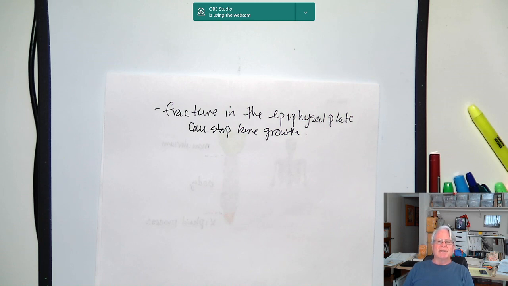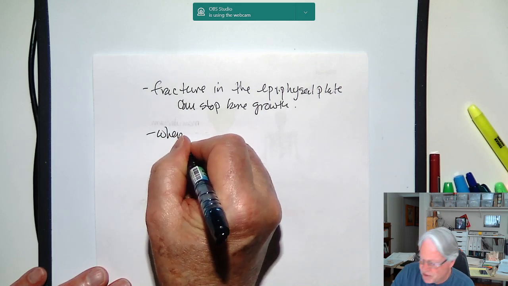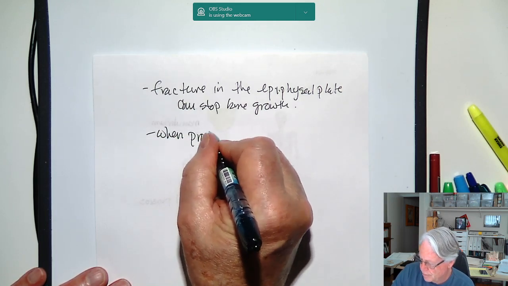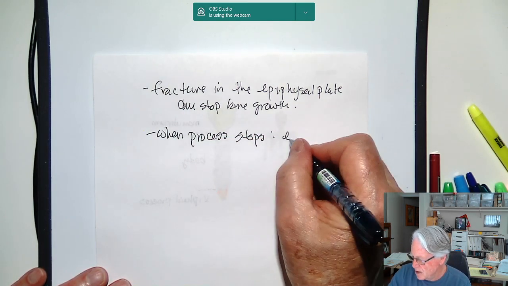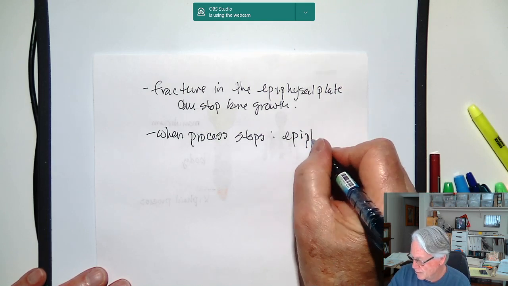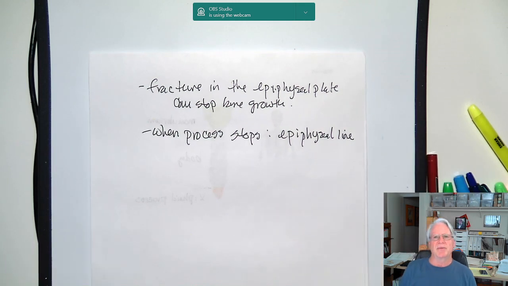And you can literally end up with one limb, a leg, an arm, which is shorter than the other. So it's very important that you pay attention to this, particularly if you're raising kids, because you can end up with a child that has a leg that's shorter on one side than on the other side. When the process finally stops naturally, then what we're going to get is the epiphyseal line, which is the remnant of the epiphyseal plate.